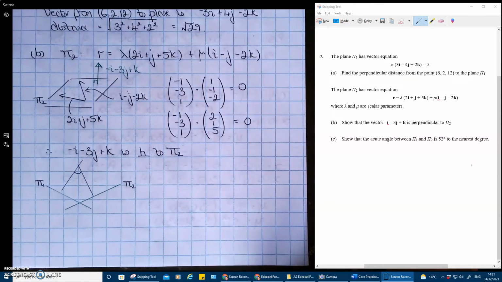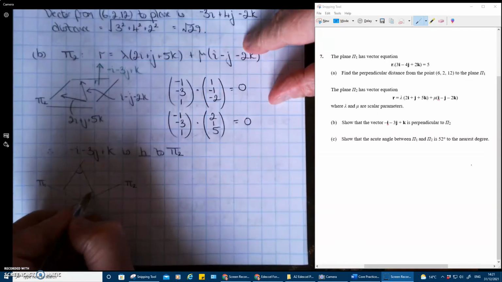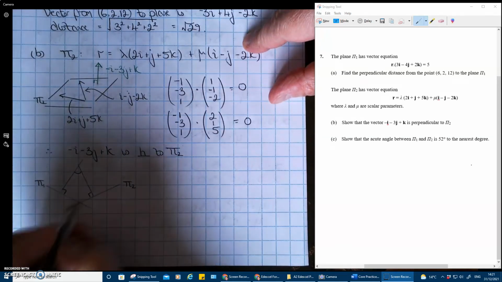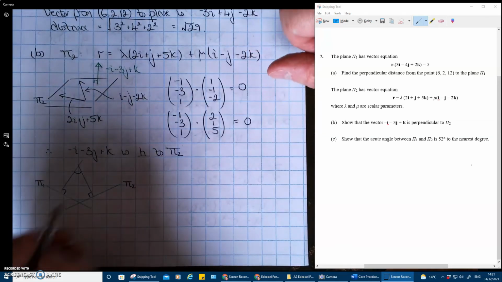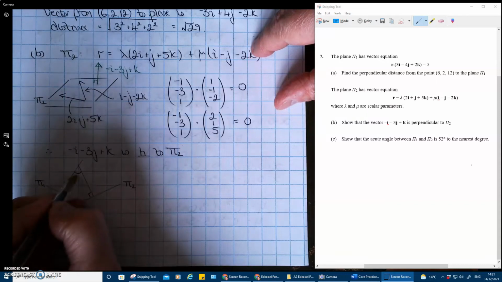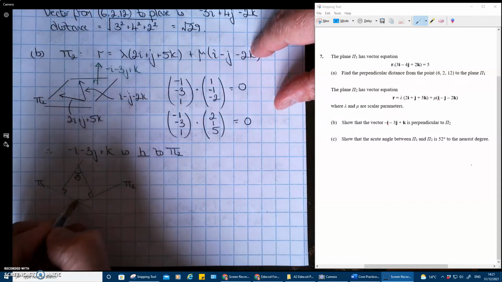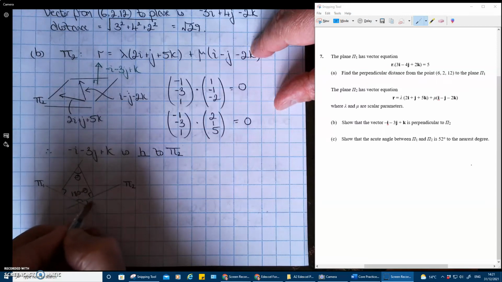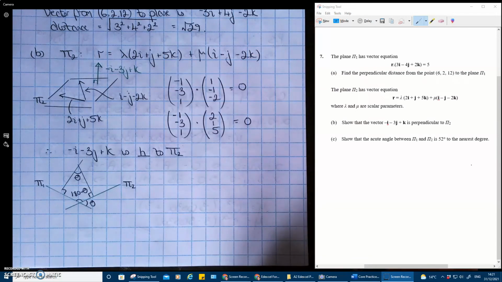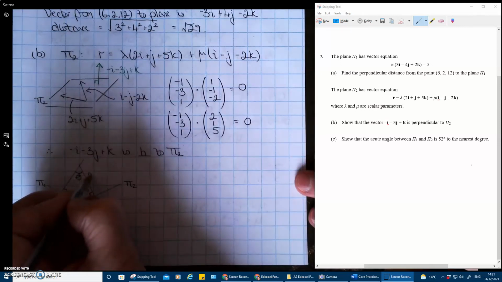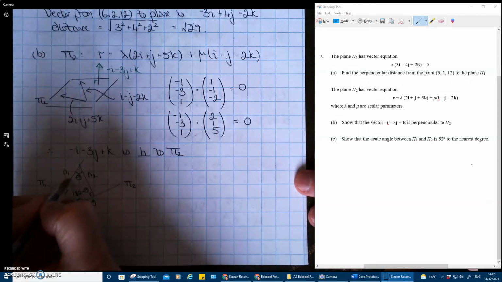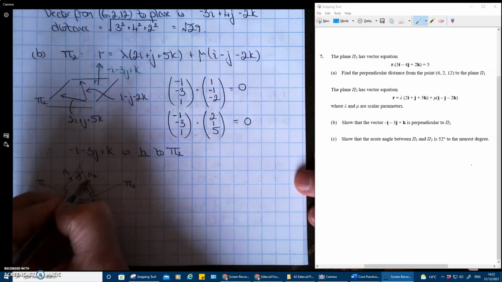Okay. And because these are 90, this angle here is going to be, if I call that theta, say, this is 180 minus theta. Therefore, the acute angle I'm looking for is theta. So if I find the angle between N1 and N2, then I'll find the angle between the two planes.